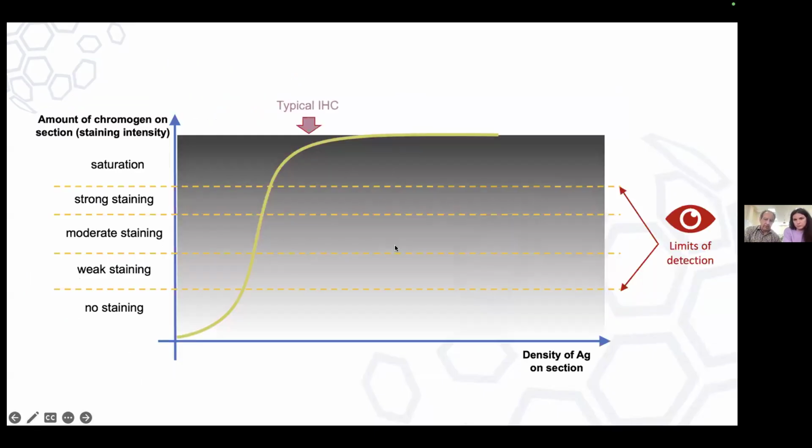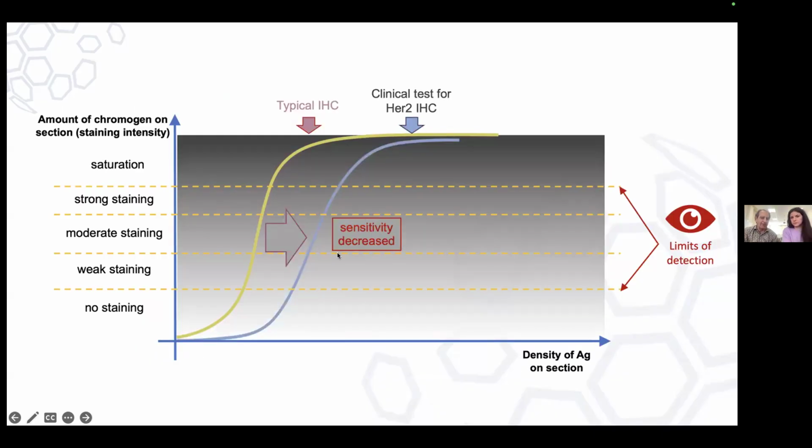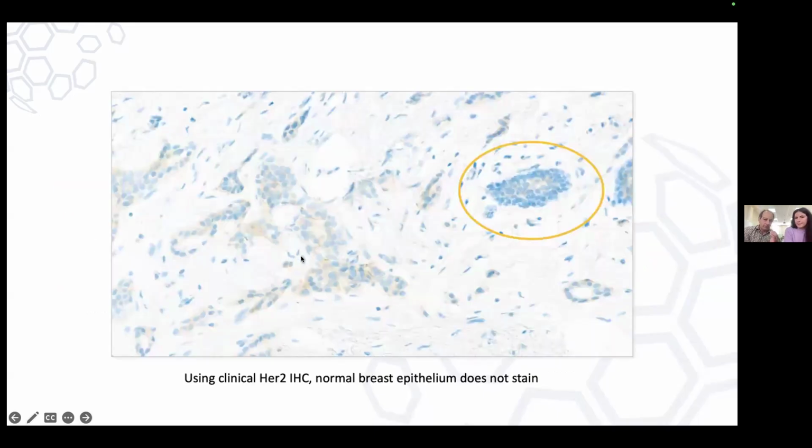So we have the typical IHC test, which is very sensitive, and then we decrease the sensitivity. With a typical IHC setting, you demonstrate membrane staining in normal breast epithelium. You decrease the sensitivity, so you no longer stain the breast epithelium. That's a typical IHC negative. This is tumor, and this is negative. So artificially, you decrease the sensitivity of this test, and that's fine because we want to detect overexpression.